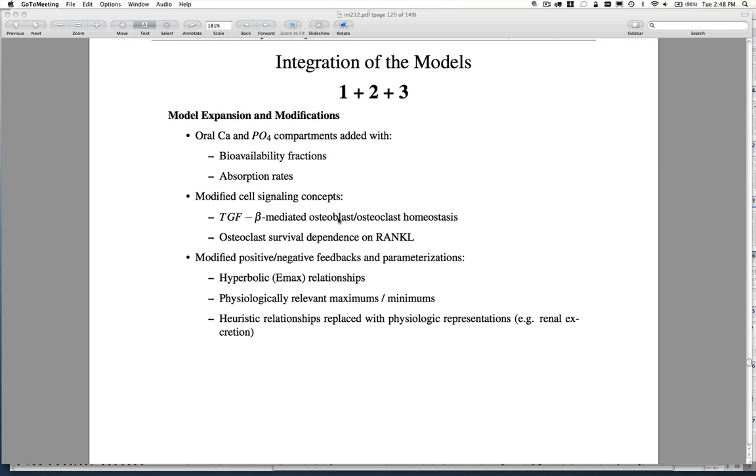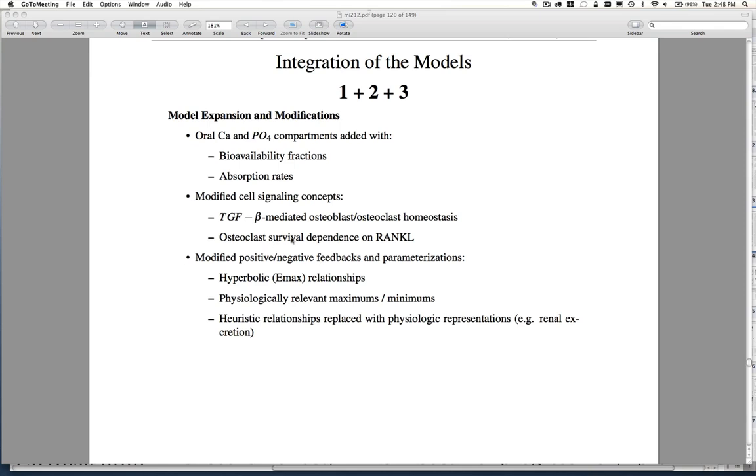Research since that model indicated that there were dependencies of osteoclast survival on RANK ligand, so things like that. Again, this shows where you can take existing models, pieces of existing models, and continue to update them as our understanding of these processes evolves. And so we built that component in as well.